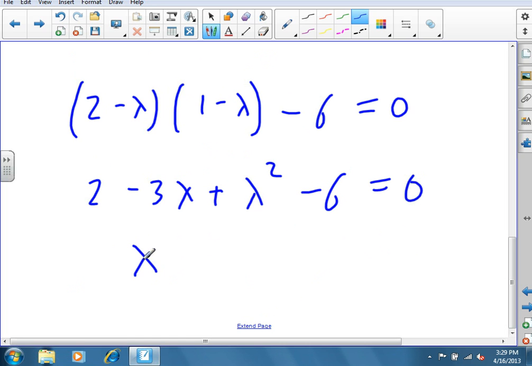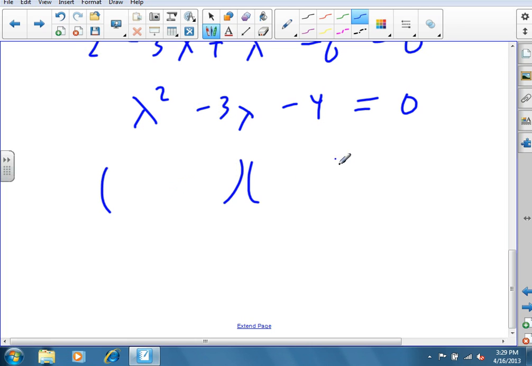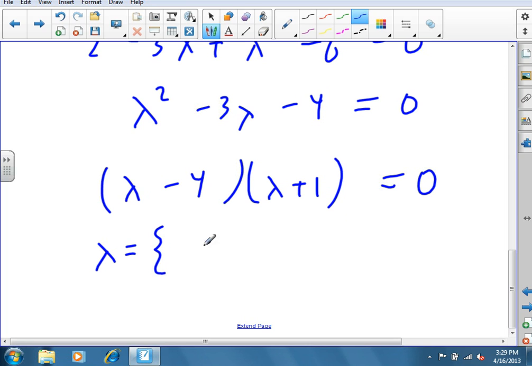I got lambda squared minus 3 lambda minus 4 is 0. I can factor that: (lambda minus 4)(lambda plus 1) is 0. I find that my lambdas are minus 1 and 4. And we always write them in order, so the minus 1 would go first before the 4.